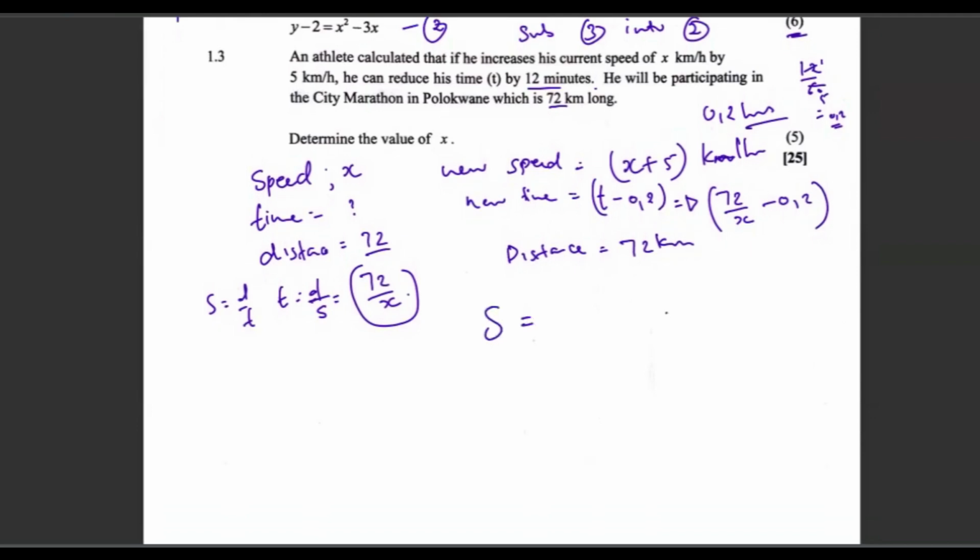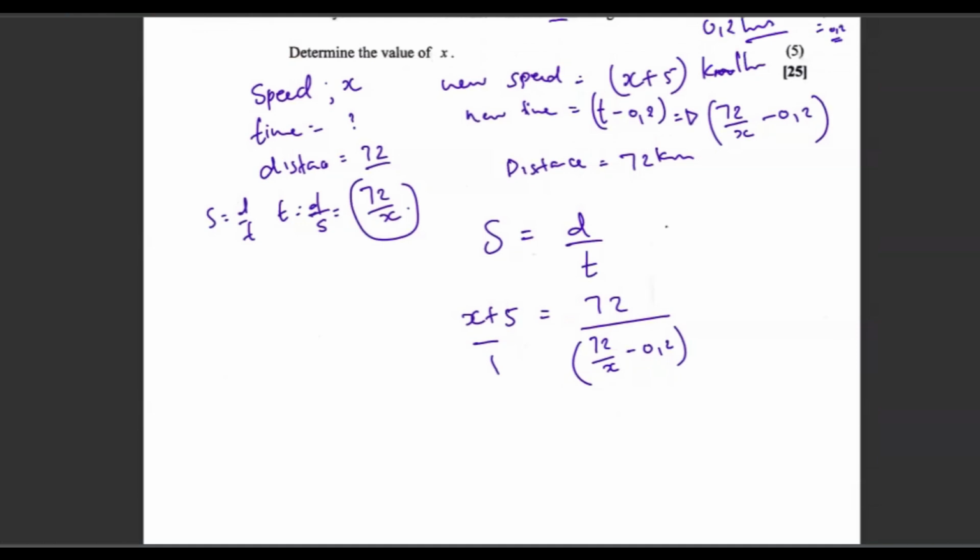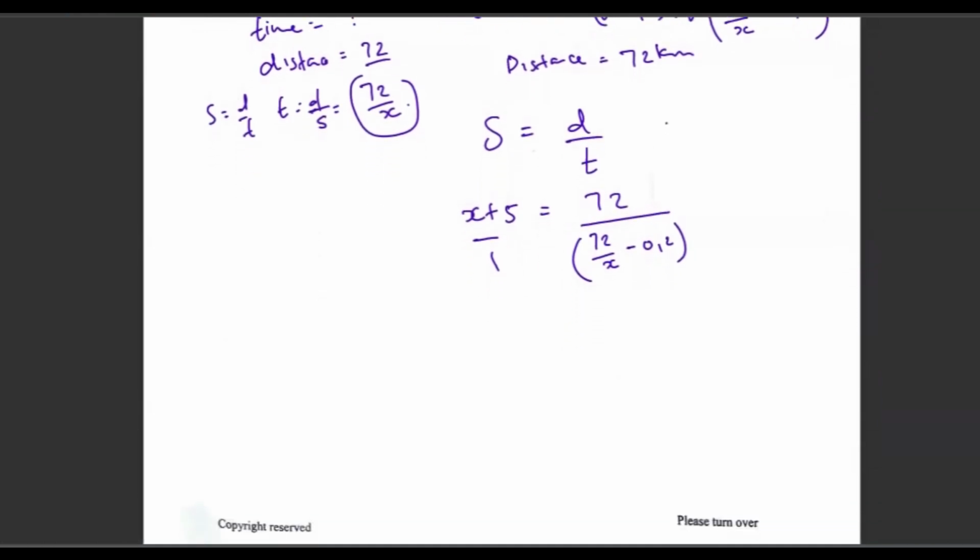So I'll say speed is distance over time. Where there is speed, I'll put the x plus 5. The distance is 72. And then the new time is 72 over x minus 0.2. So I'll cross multiply.